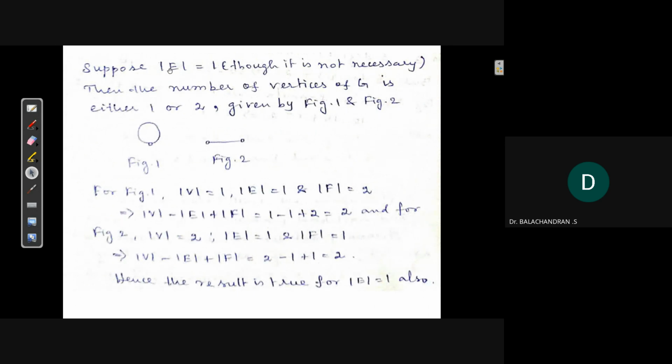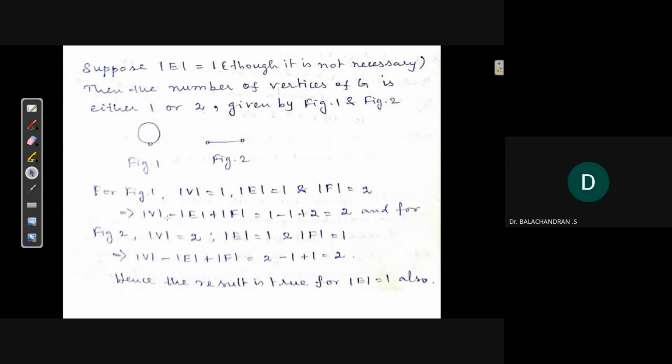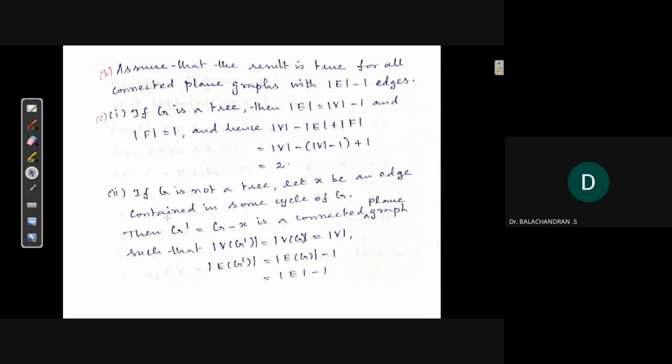Next, suppose the number of edges is equal to 1. Usually, if I have done it for n equal to 1, I will not do it for n equal to 2. Here, with the number of edges equal to 0, you can directly assume the result is true for a connected plane graph and go to the next step.